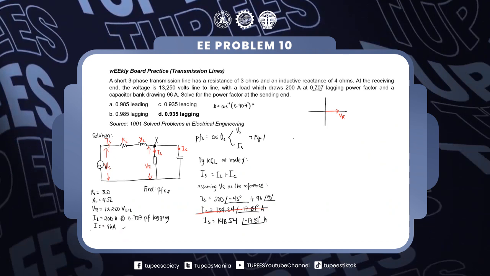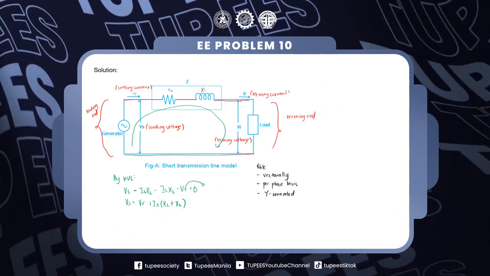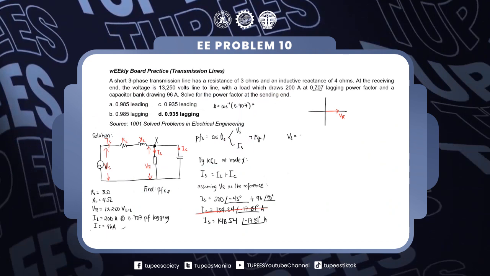Okay? So, let's solve for VS. We have an equation from earlier: VS is equal to VR plus IS times the quantity RL plus XL. Our VR is 13,250 volts line to line. As I said, we are on a per phase basis and we assume this system is Y connected.